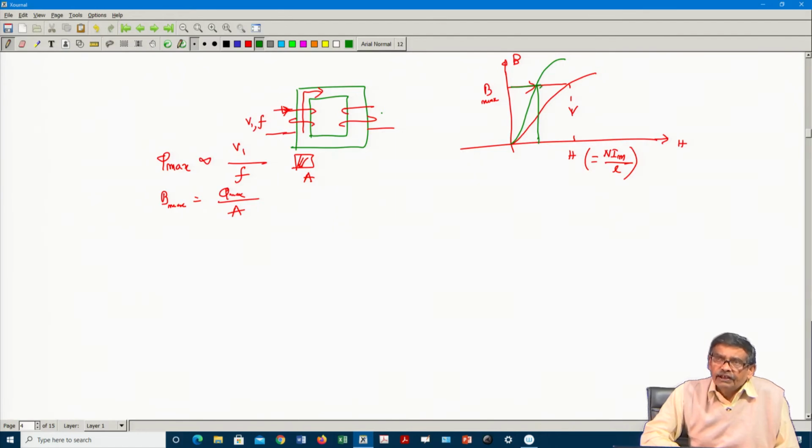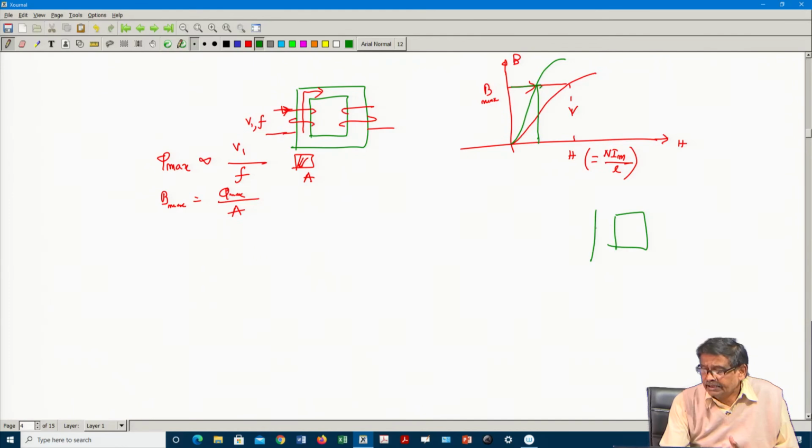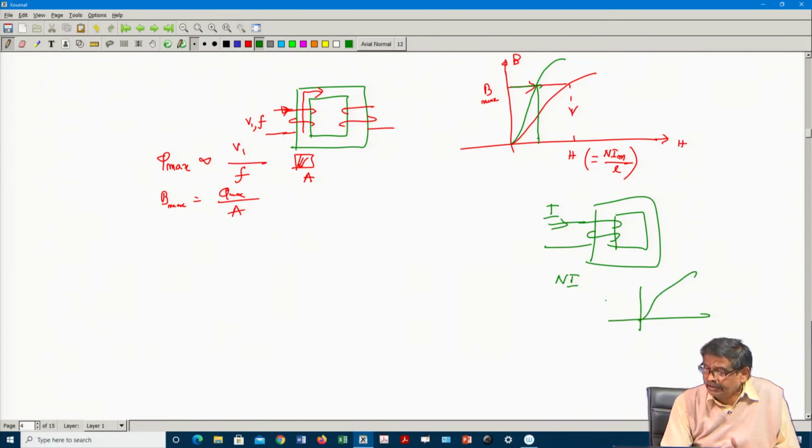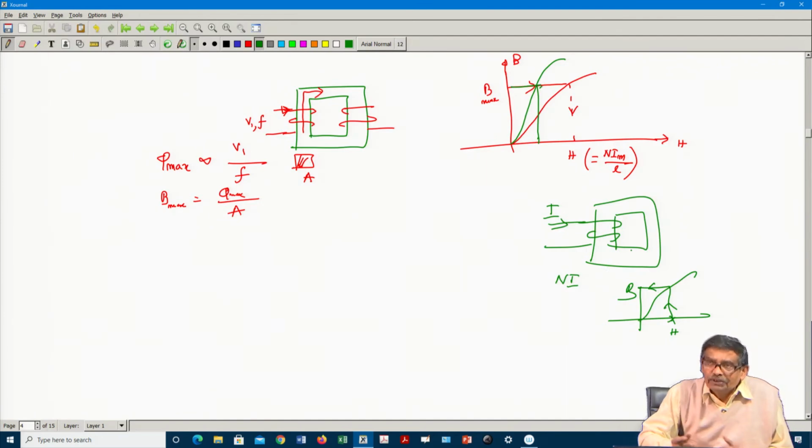Who decides the flux? See, in case of a DC magnetic circuit, what do you do? You have a number of turns, and you pass any current you like. So Ni is known, and then you go to the BH curve of the material, H is known, and you find out B. But in case of a transformer, it is just opposite.